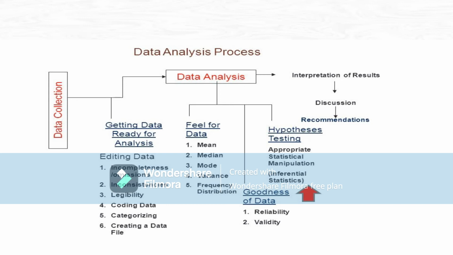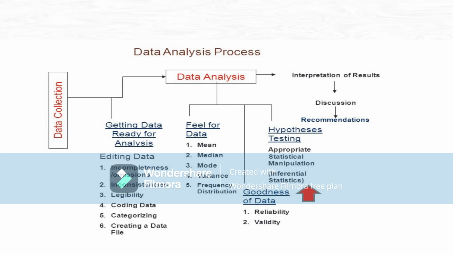If our hypothesis is accepted, it means the hypothesis statement is true on the basis of quantitative data, after applying the statistical formula like the t-test, Pearson test, and z-test, as per the requirement of your study. That is all about the data analysis process.